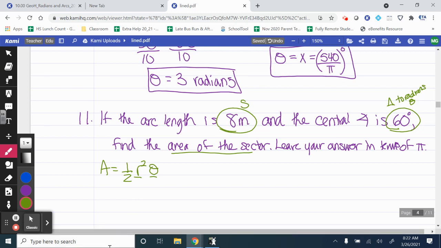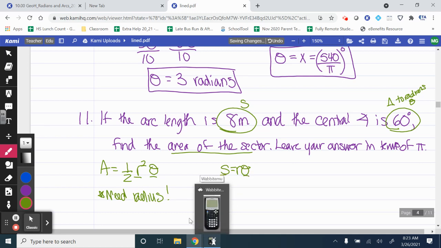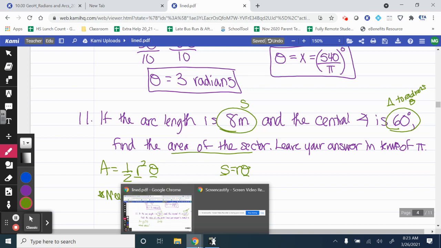Right now, I don't know the radius, I only know theta. So what else am I given that could help me to find the radius? The only other thing we are given is our arc length. So we know the arc length formula is S equals R theta. So if we know S and we can find theta, then we should be able to find R.